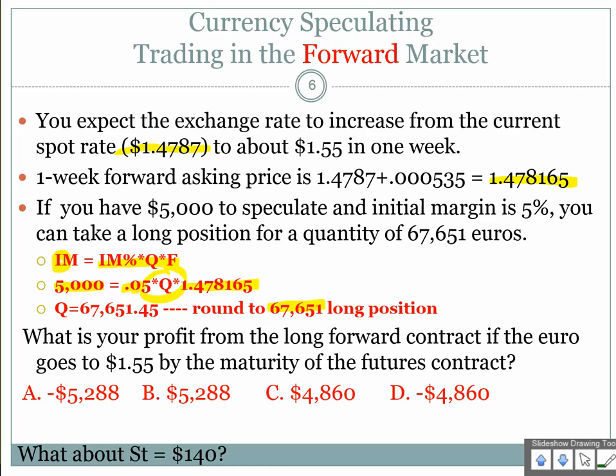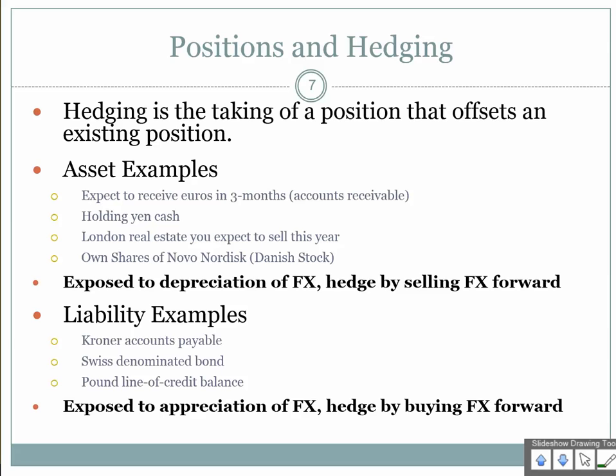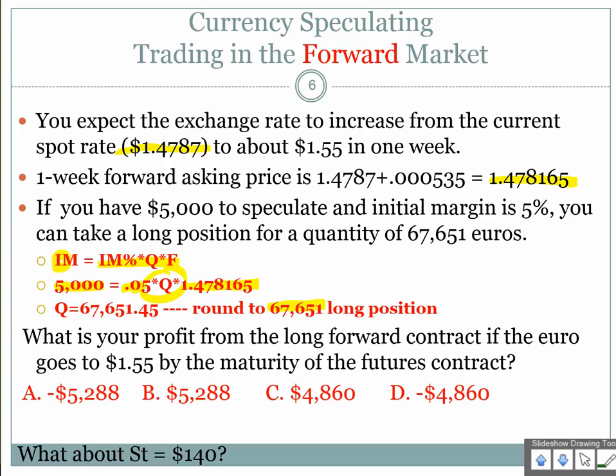So a week rolls around, and we actually do see that the euro does appreciate to $1.55. So what is our profit? The profit formula from the last slide for a long forward is going to be ST minus F times Q, and that's F0T, since we agreed upon it last week.